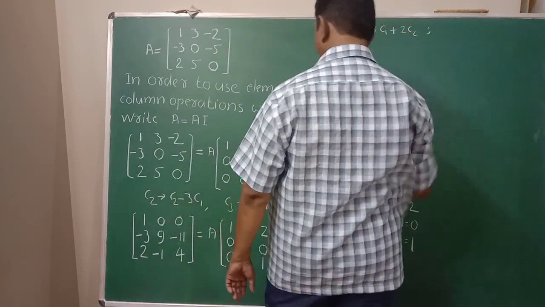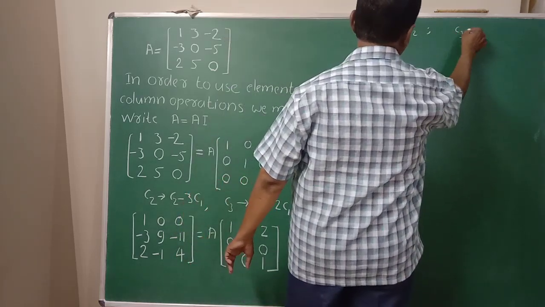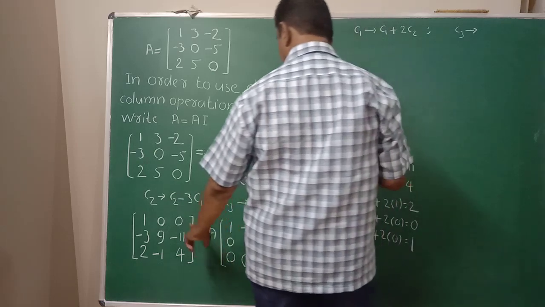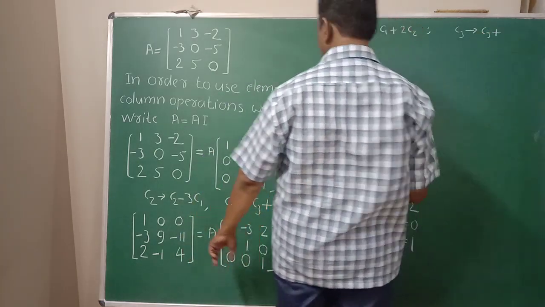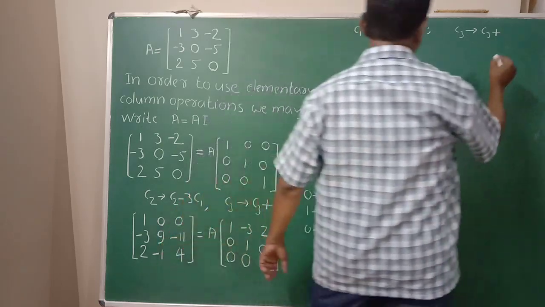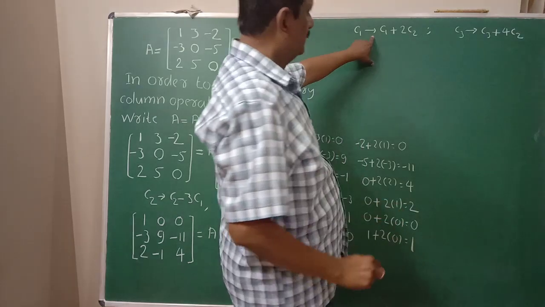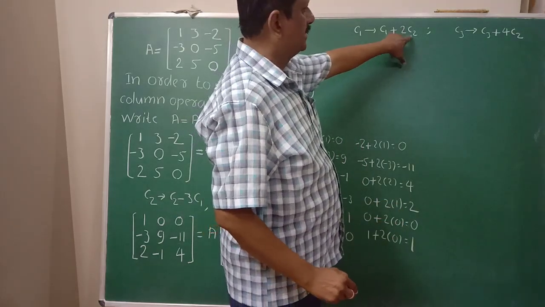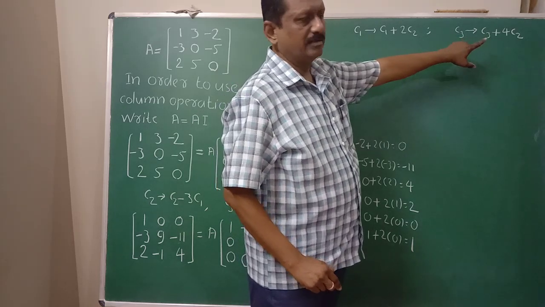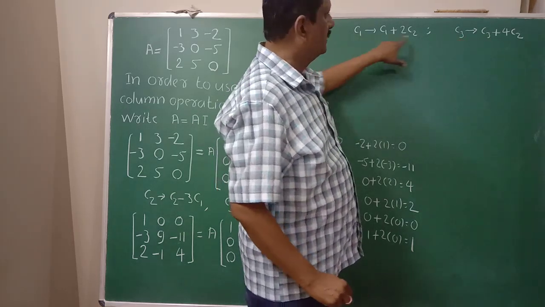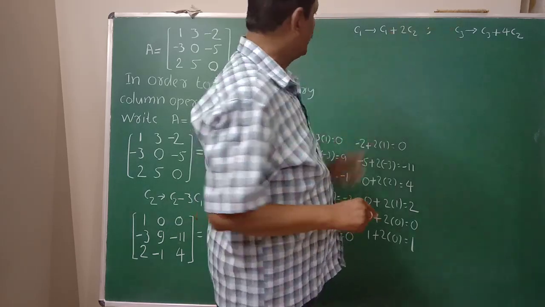Then the third column: C3 implies C3 plus 4 into C2. Therefore, C1 and C3 change. Second column keep as it is.